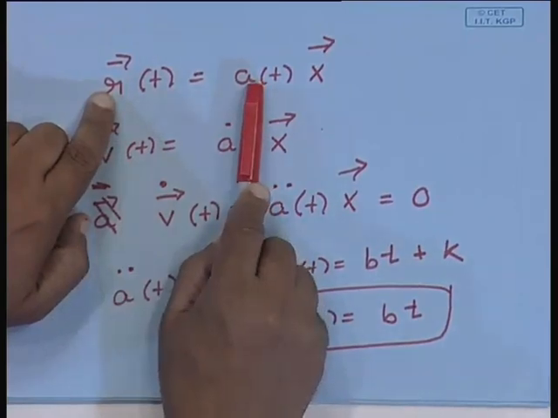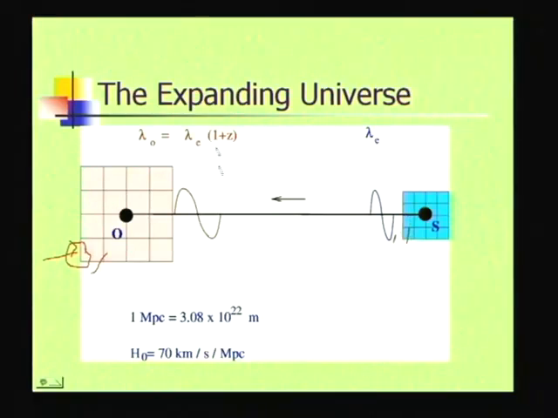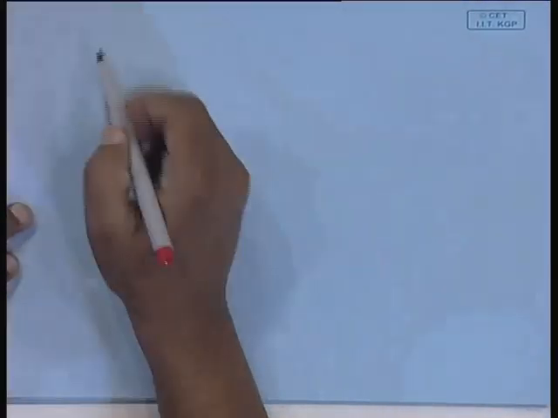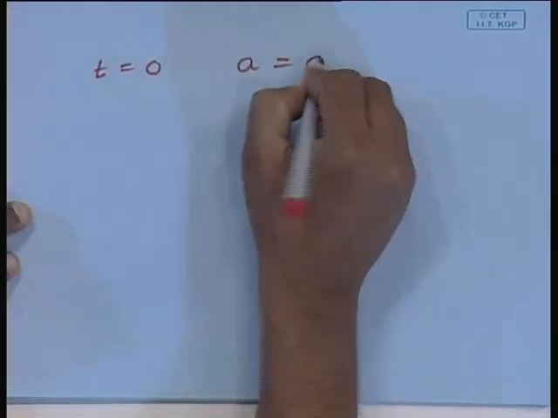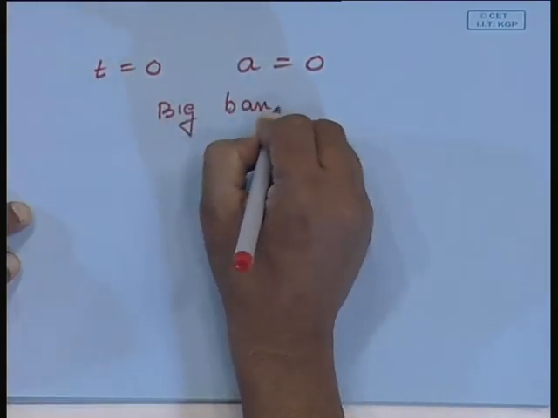All these galaxies have collapsed to the origin. Not only this, but the infinite universe has collapsed to the origin. So, this is the singularity which we call the Big Bang. At t equal to 0, A is equal to 0, and this is what we call the Big Bang.